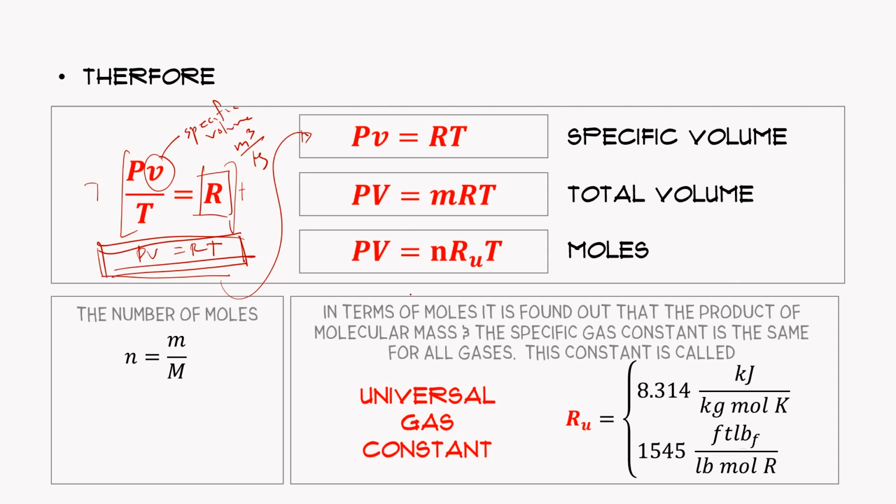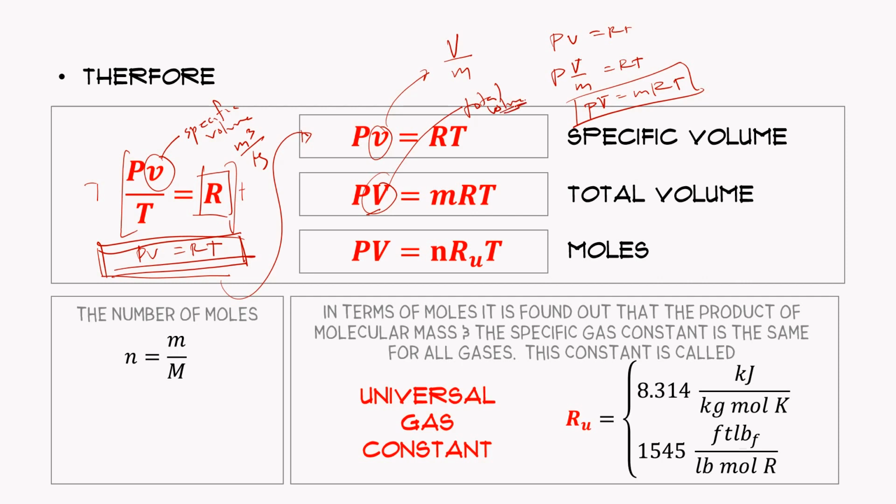If we use the total volume, since specific volume is just total volume over mass, then converting, P times V over M is equal to RT. Multiply both sides by M, we have PV is equal to MRT. In this case, we have the total volume.